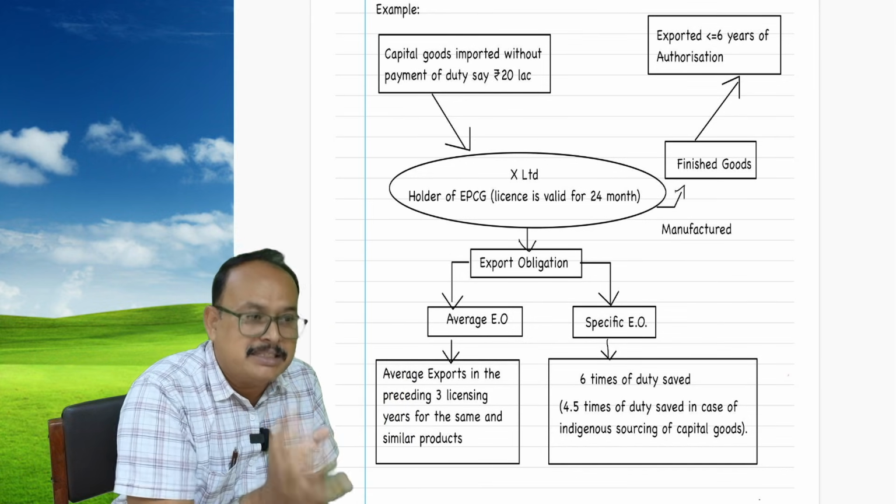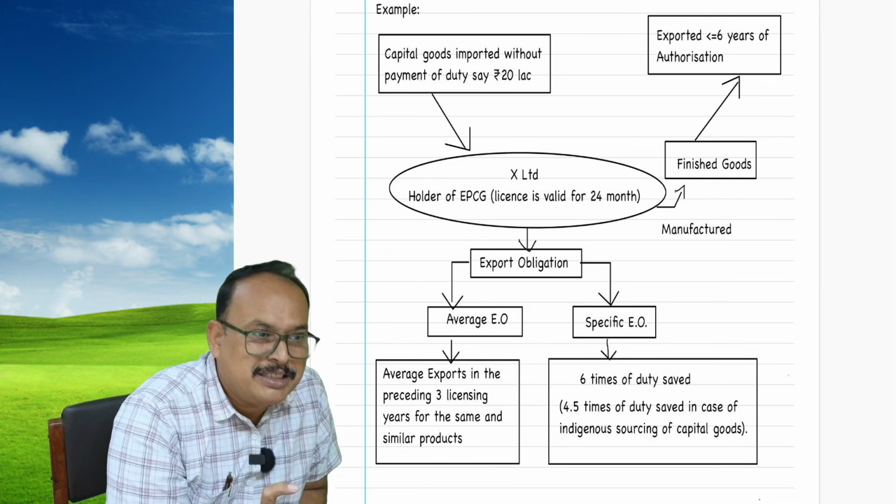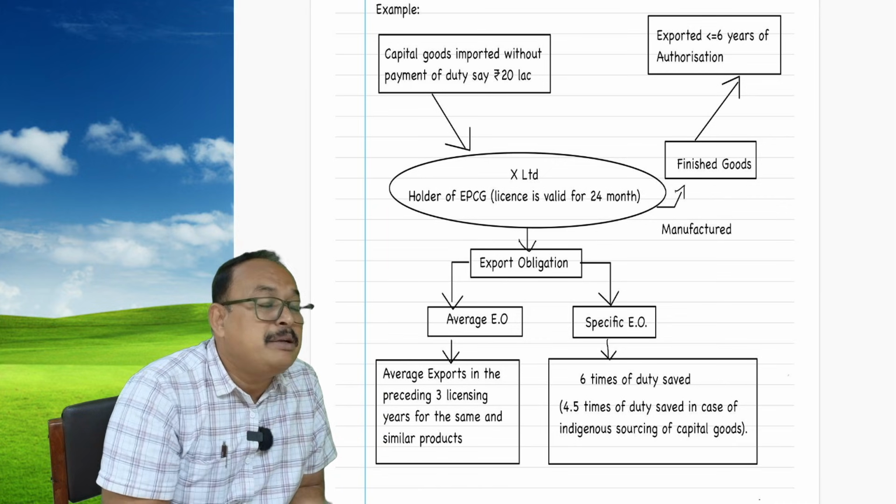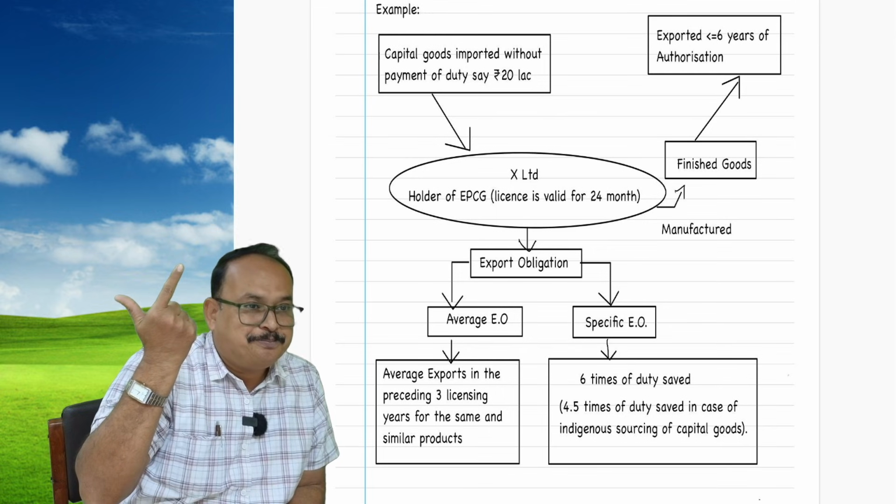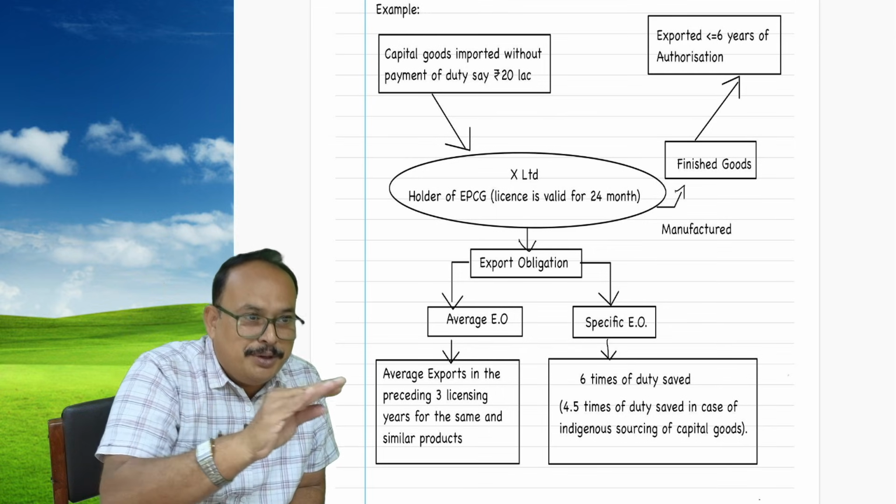In our case, 120 lakhs specific export obligation multiplied by 75% is equal to how much? 120 lakhs into 75%, Raja?